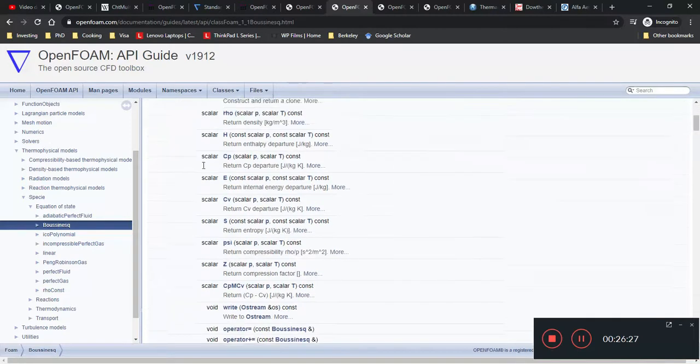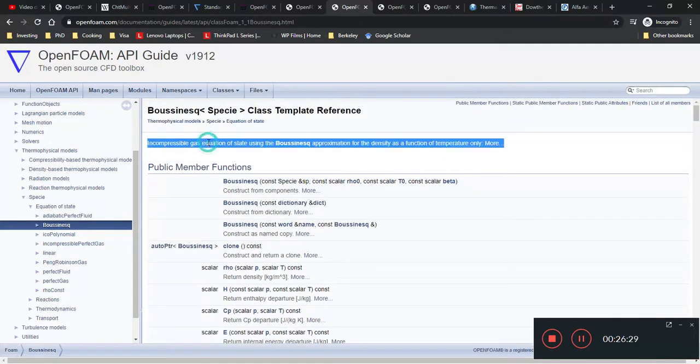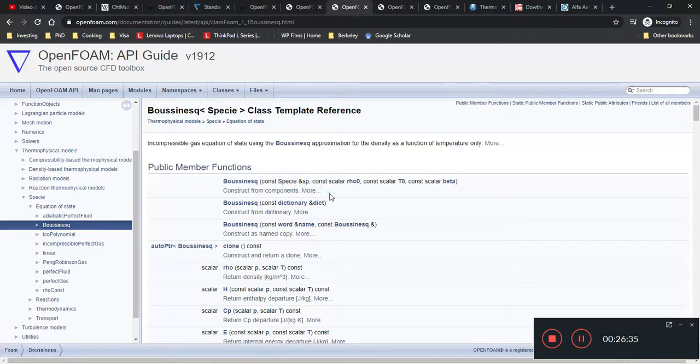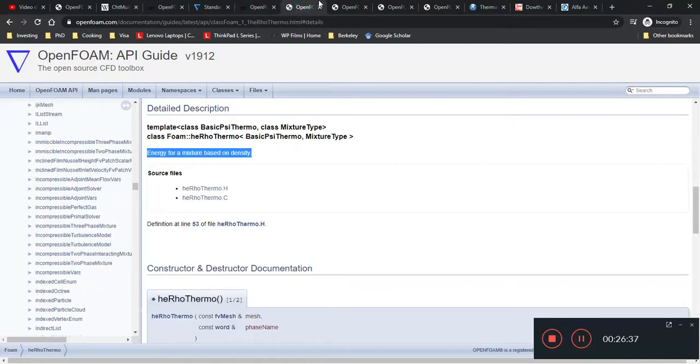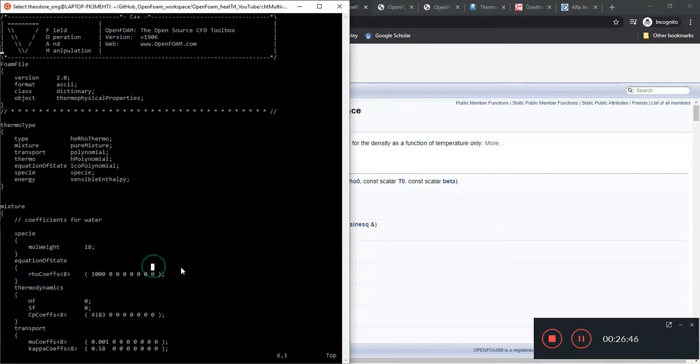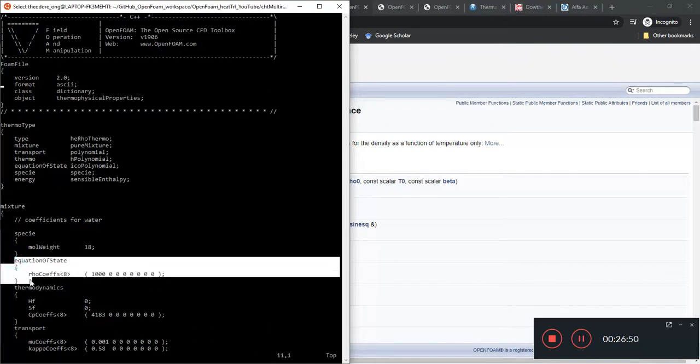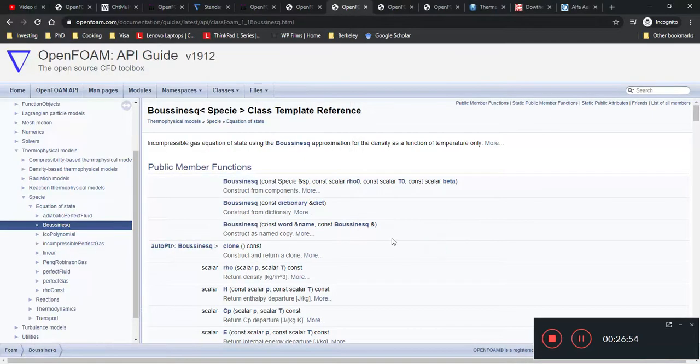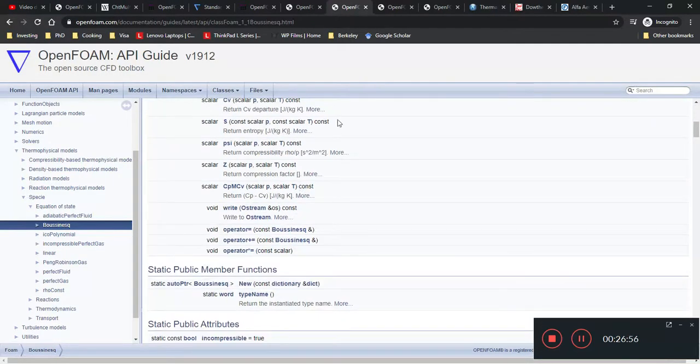So again, this is a species class temperature reference, and this will determine the density for equation of state purposes. So for example here, for this equation of state, the Boussinesq approximation is given.